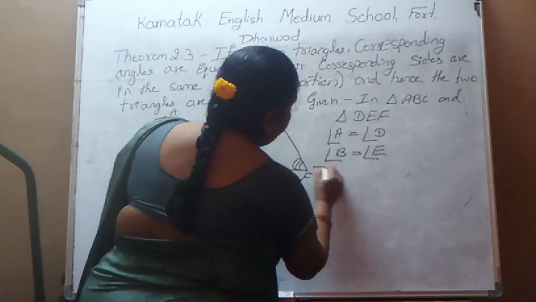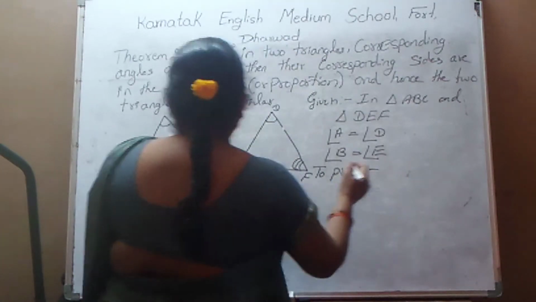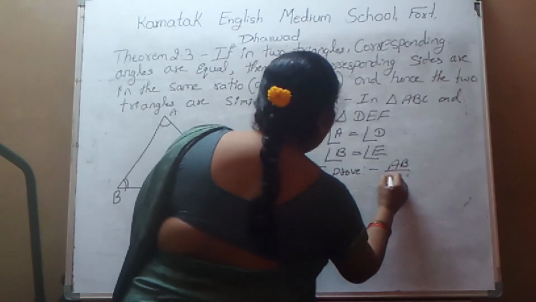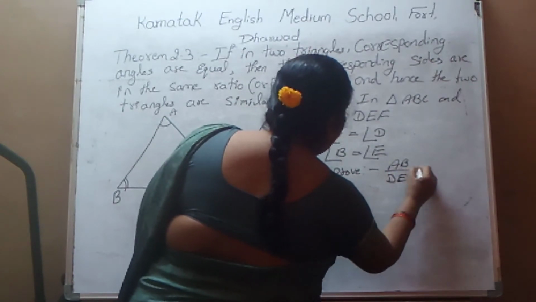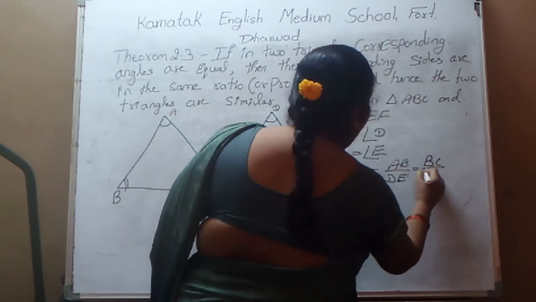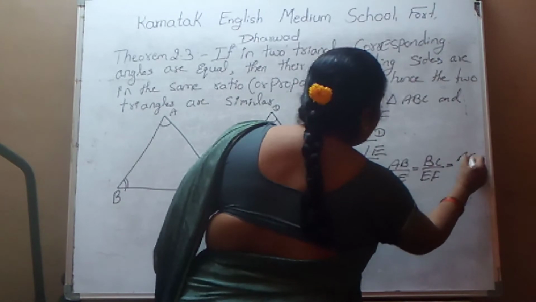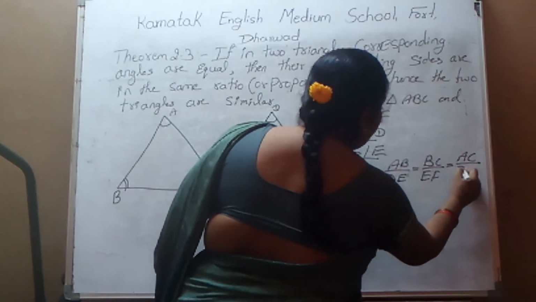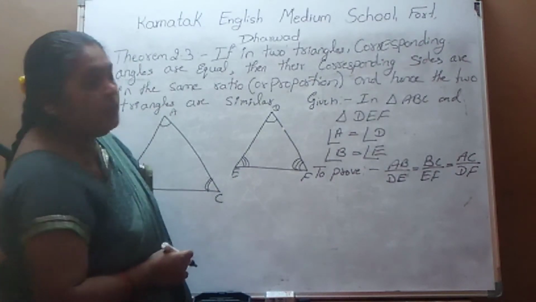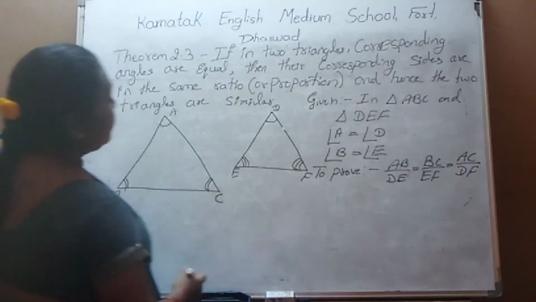To prove: AB upon DE is equal to BC upon EF is equal to AC upon DF. You have to prove this one. Some construction is there.